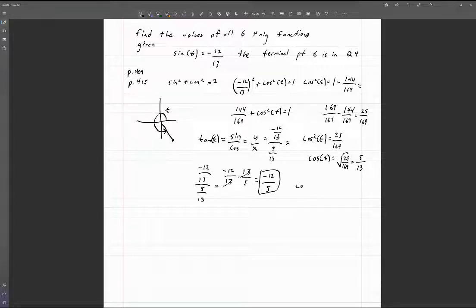Cotangent is just the flip of that. So cotangent is negative 5 over 12. Cosecant is 1 over sine. So that's 1 over negative 12 over 13.